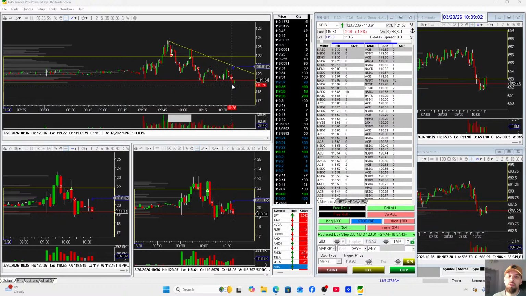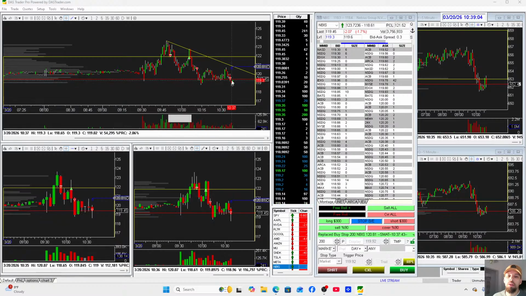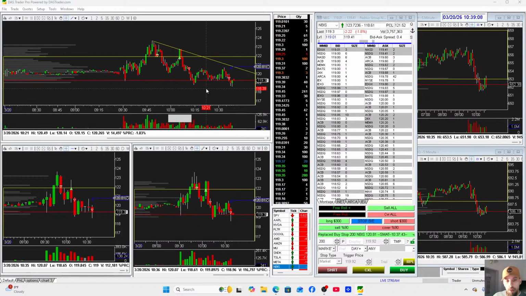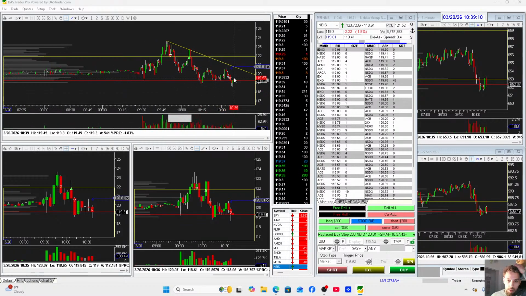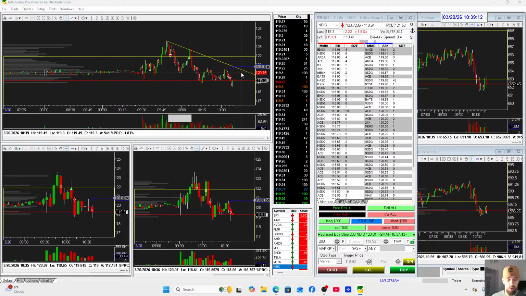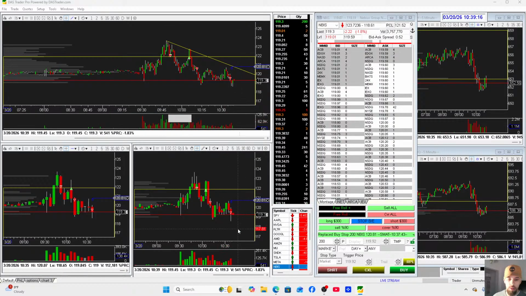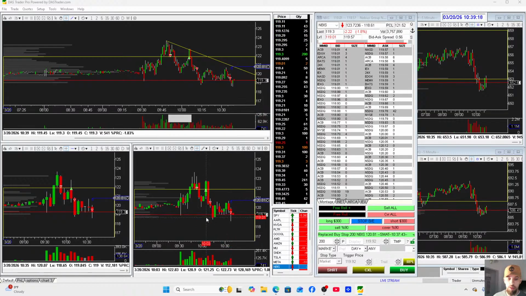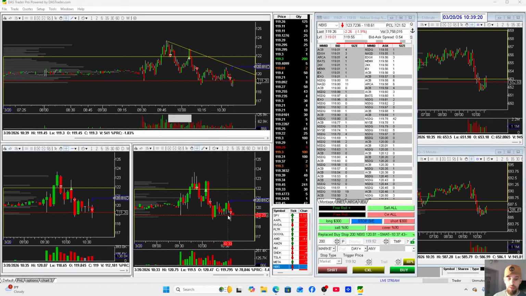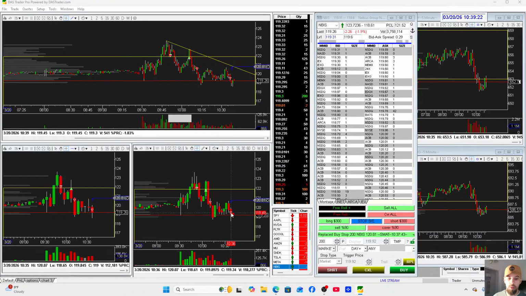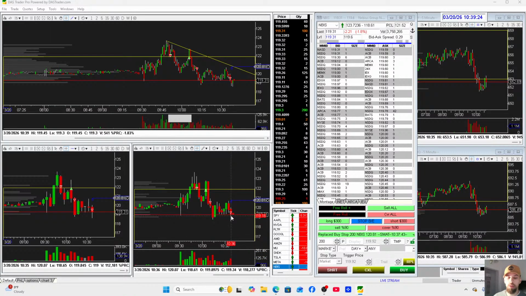I mean, we squeeze these longs out, but look at us bouncing again. But we seem to be trending down. Look at that 3-minute here, squeeze out all of these longs right here. Got bought back up, absorbed, volume increasing.